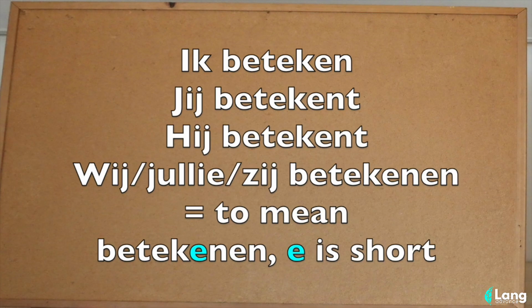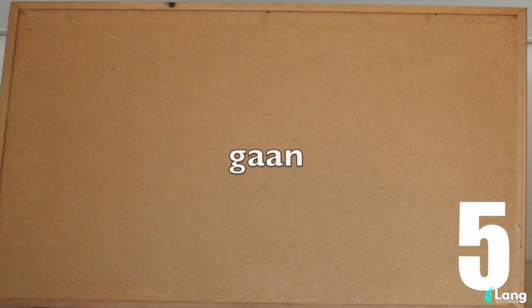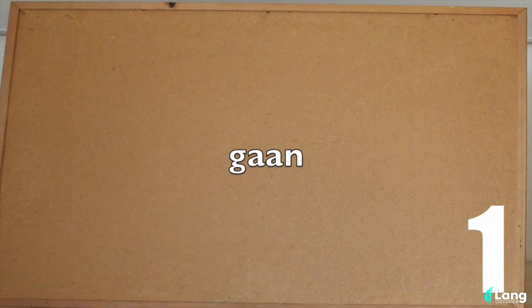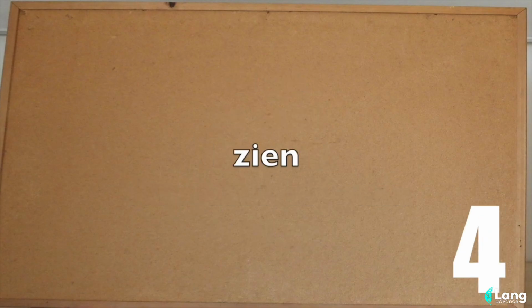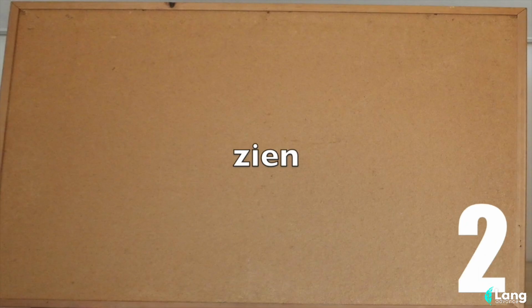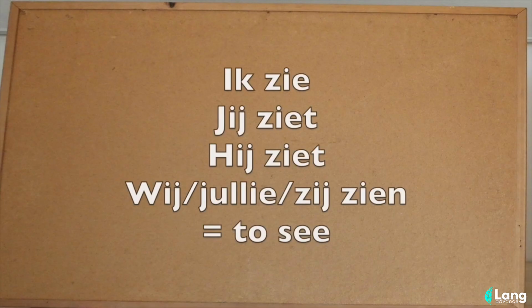And then, if the pronunciation was like that, you could have put the double E there, but not in this case. Next one. Gaan, ik ga, jij gaat, hij gaat, wij, jullie, zij gaan. Zien, ik zie, jij ziet, hij ziet, wij, jullie, zij zien.